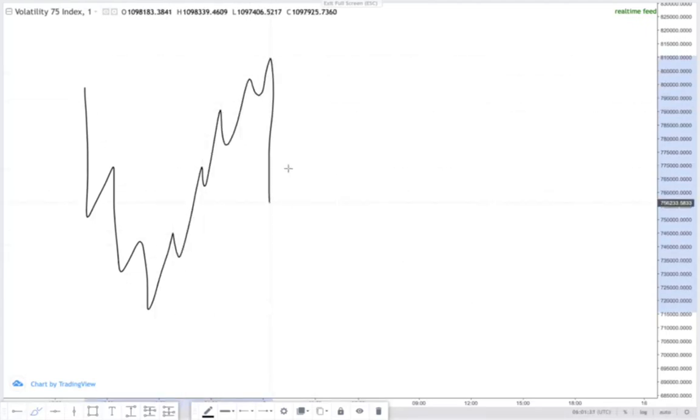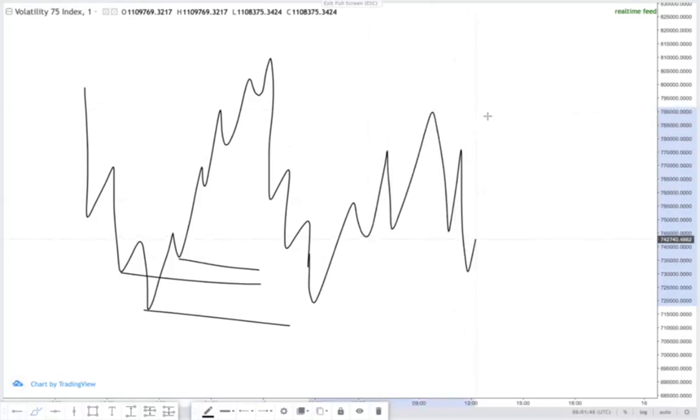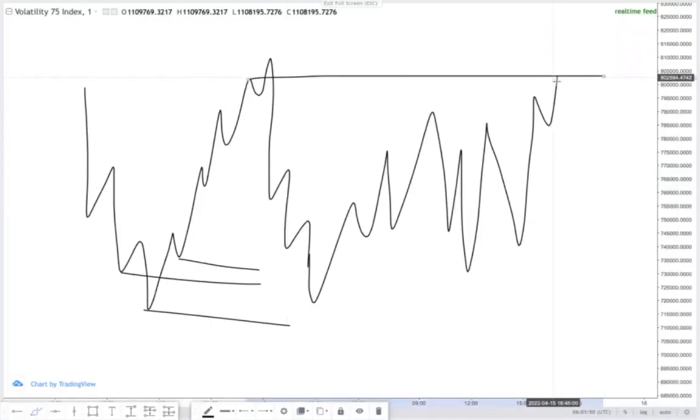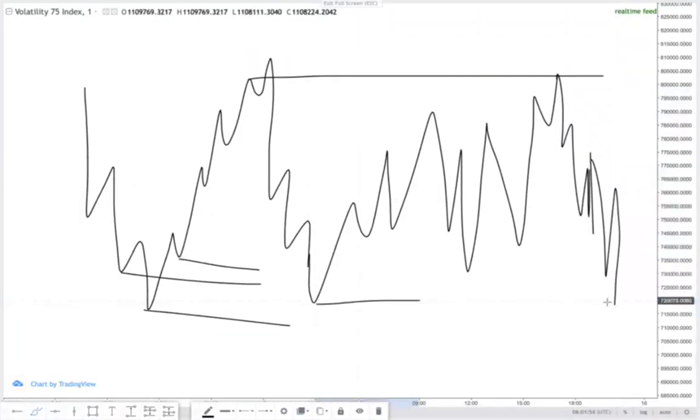Price usually comes to respect these low structures most of the time, according to my experience. Then price will create something like this. Then it will go to respect the most high structure. Then price will do anything right here to come to respect the lowest structure.